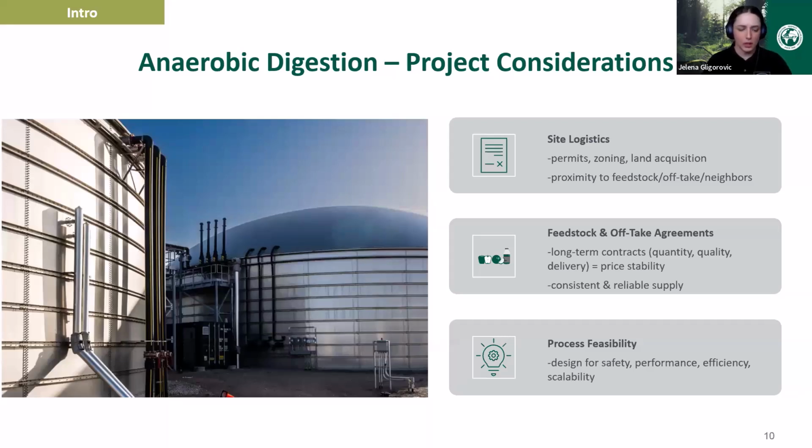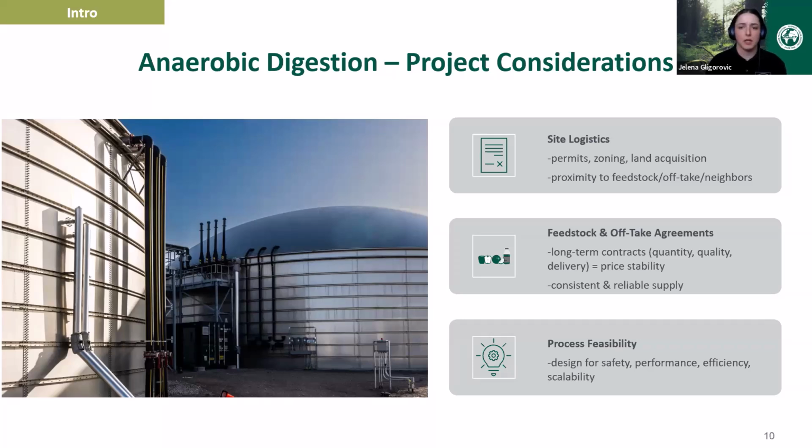So the lowest cost option is typically storage and land application of whole digestate, but then local nutrient regulations and agricultural practices can determine whether or not this is actually feasible. So the level of post-treatment can vary greatly from this land application to separation to drying to full nutrient recovery systems. So offtake agreements are very, very important here.